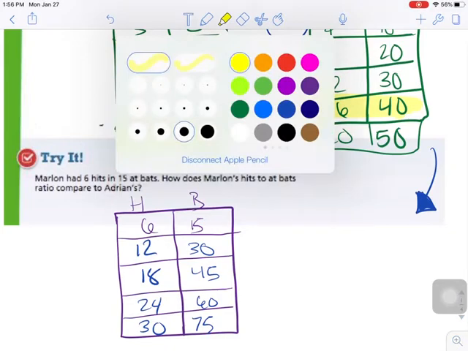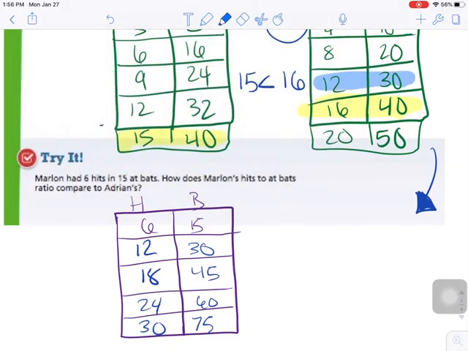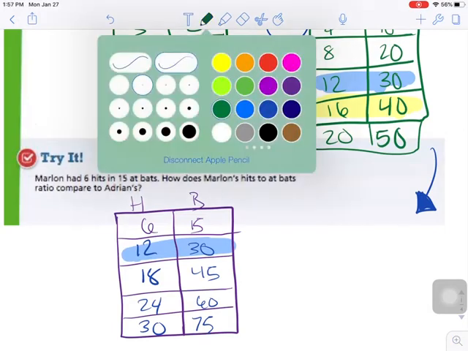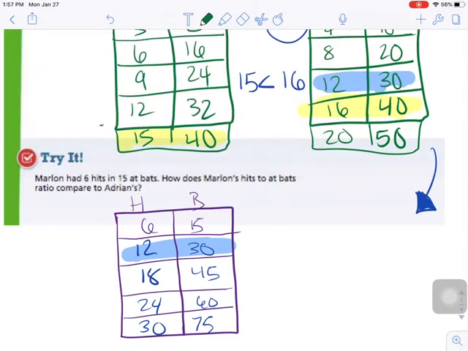For Adrian and Marlon, their at-bats are the same at 30. So they've each been in the batter box 30 times. When Marlon was in the batter box 30 times, he had 12 hits. And when Adrian was in the batter box, he had 12 hits. So these ratios are equivalent here. They had the same hits to at-bat ratio in that scenario.